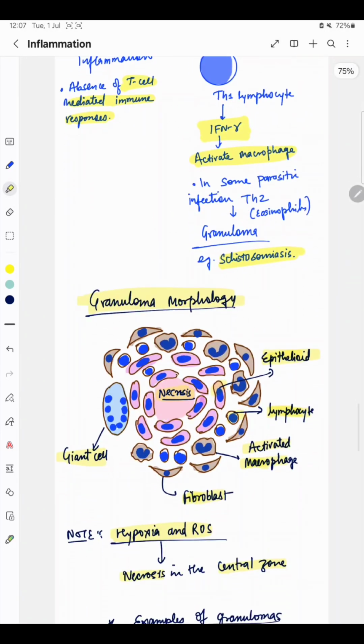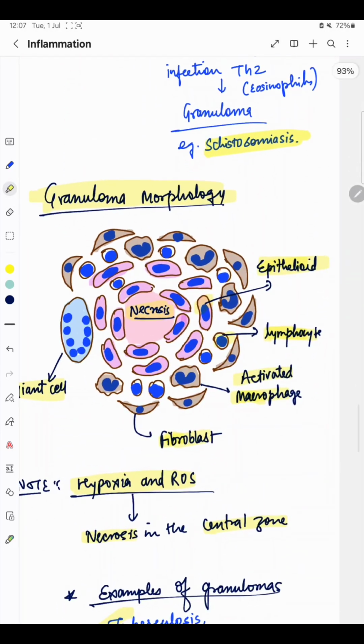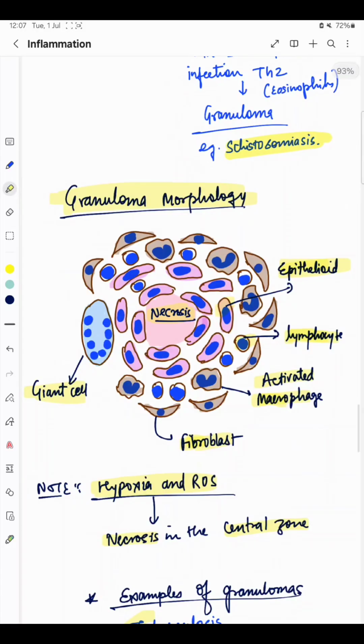Now we will see the morphology of granuloma. Here we are taking the example of caseating granuloma, which is seen in Mycobacterium tuberculosis.